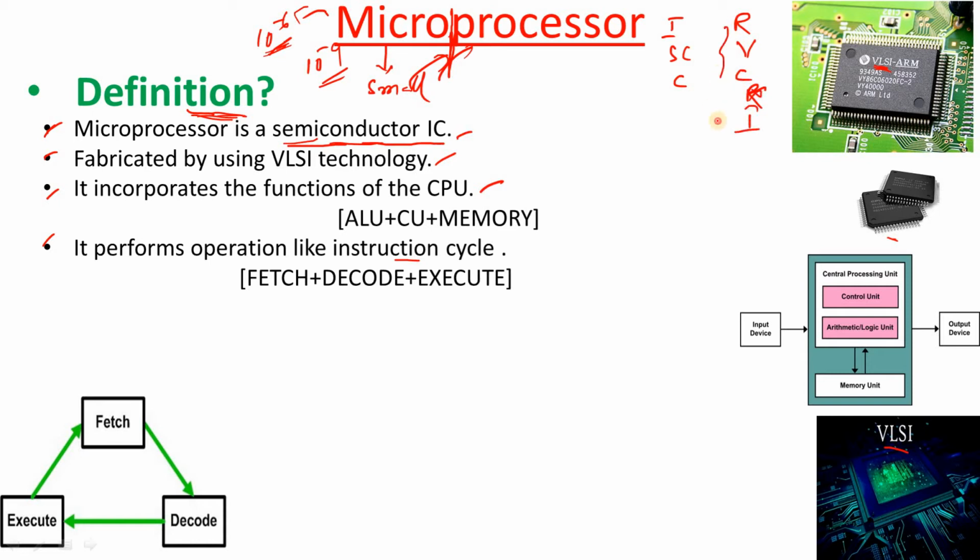If these properties lie in between insulator and conductor, that is called a semiconductor. Like this, resistivity properties lie in between insulator and conductor, voltage properties lie between insulator and conductor, and any one of the properties lying in between insulator and conductor is called a semiconductor.